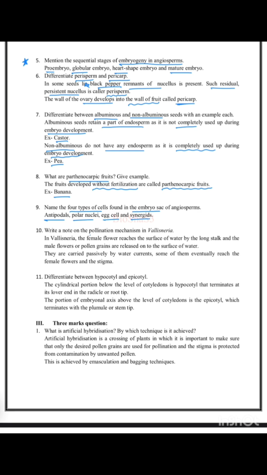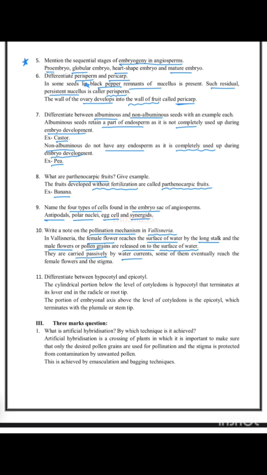Write a note on the pollination mechanism in case of Vallisneria. In Vallisneria, the female flower reaches the surface of water by the long stalk and the male flowers or the pollen grains are released onto the surface of water. They are carried passively by water currents.